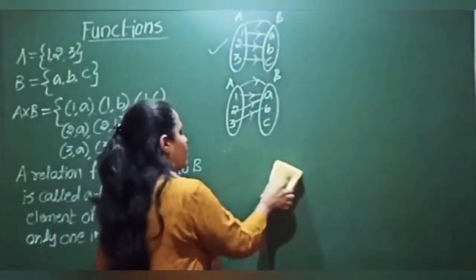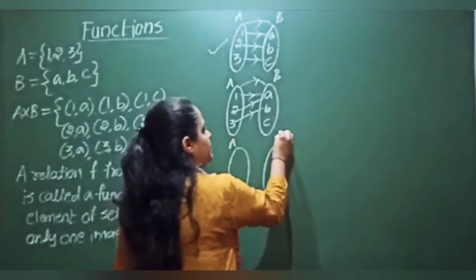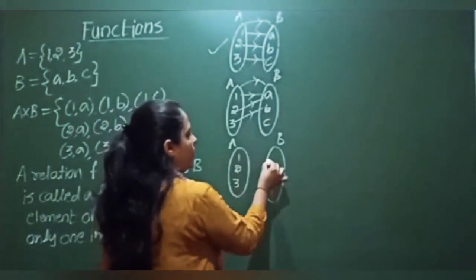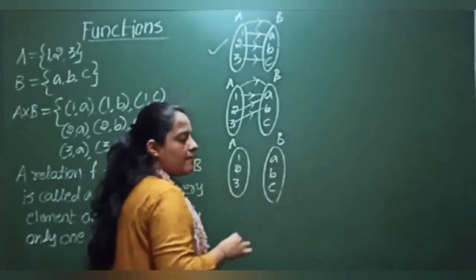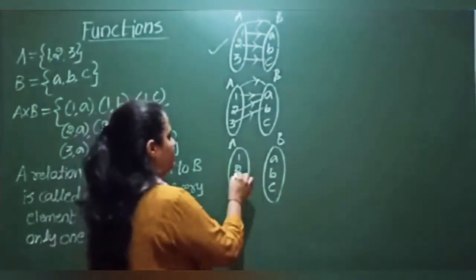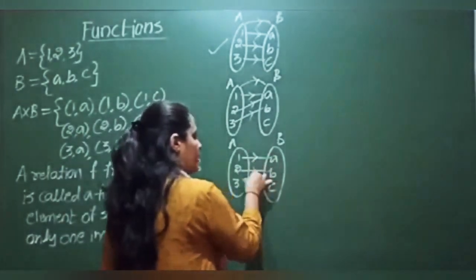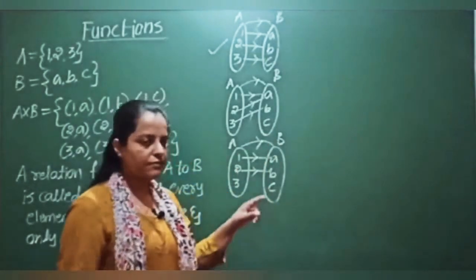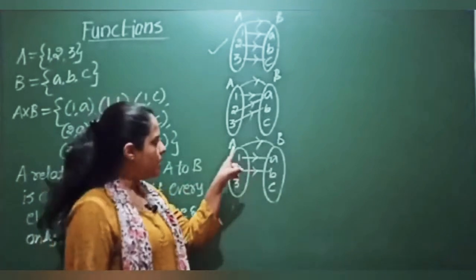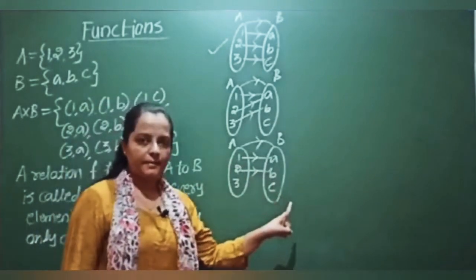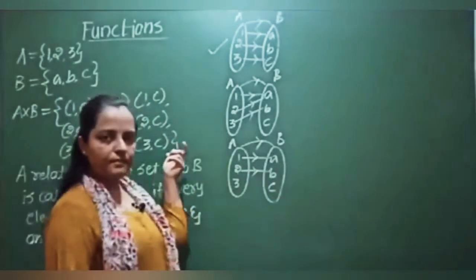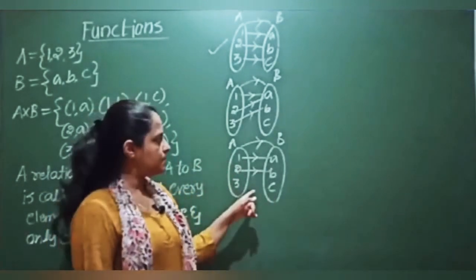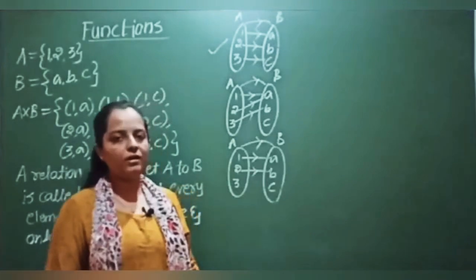Now I'll consider another example. Consider another relation from set A to set B. Set A has elements 1, 2, 3, and set B has elements A, B, C. 1 is related to A, and 2 is related to B. This is a relation from A to B, because (1, A) and (2, B) form a subset of A cross B. Now, is this relation a function or not?